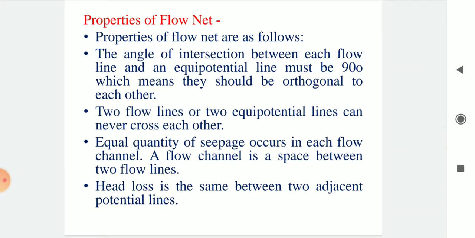Then, what are the properties of flow net? First, the angle of intersection between each flow line and equipotential line must be 90 degrees, which means they should be orthogonal, that is, perpendicular to each other.